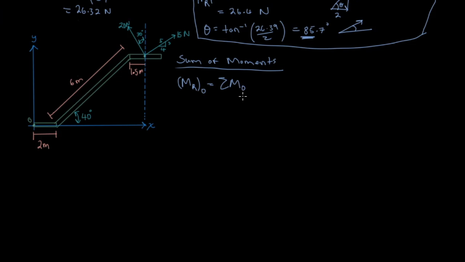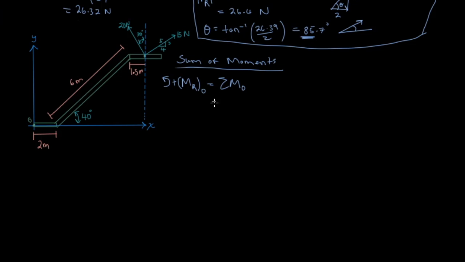First and foremost, we're going to define which direction is positive. You can define any direction. You can do clockwise, or you can do counterclockwise. For this question, I'm going to do counterclockwise. So counterclockwise is positive. And then we can go ahead and start doing our calculations.